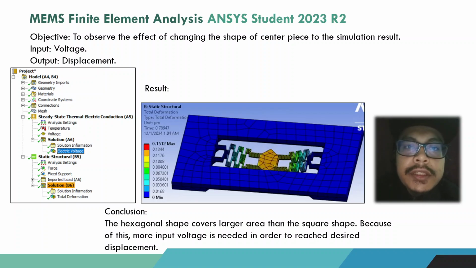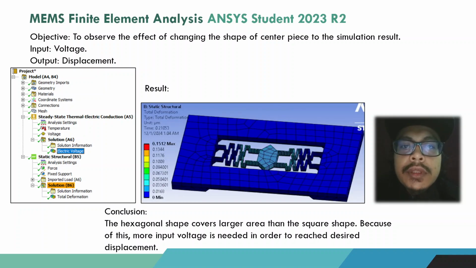It also leads to a noticeable boost in both displacement and force. This means the specific shape choice has a big say in how much the structure can move and how much force it can exert. So when we switch from one shape to another, it really impacts not only how much space it covers, but also how much it can move and push. This shows that the shape is a key player in determining how the system behaves and performs.